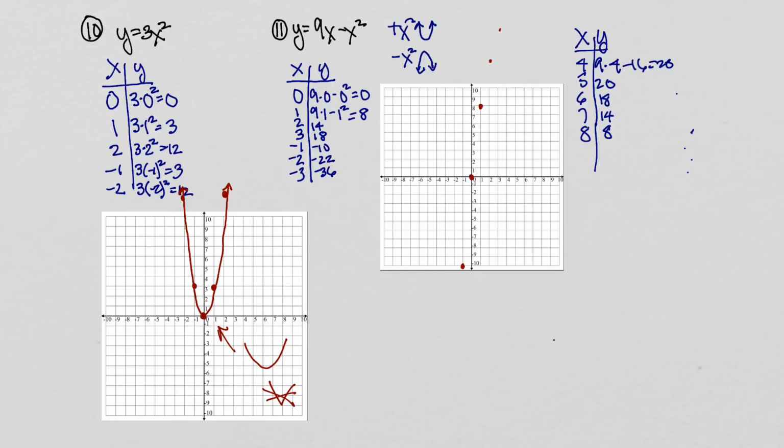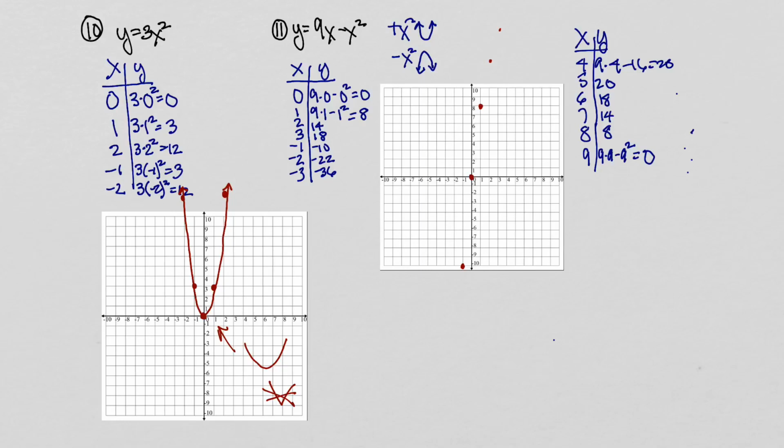And then when I put in 9, we get 9 times 9 minus 9 squared. That's 81 minus 81 is 0. So let's plot these points. Well, let's try to get some of these points here. So these here, these are just off the graph, so let's not bother with those. Let's go with the 8 and the 8. So let's plot that.